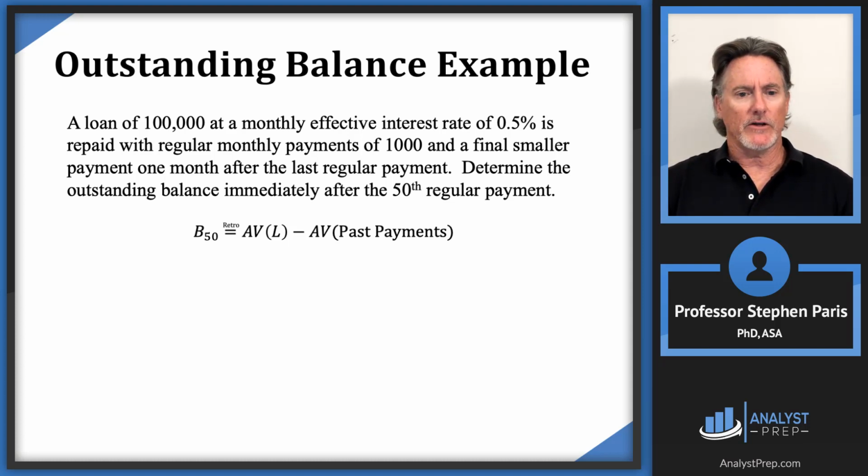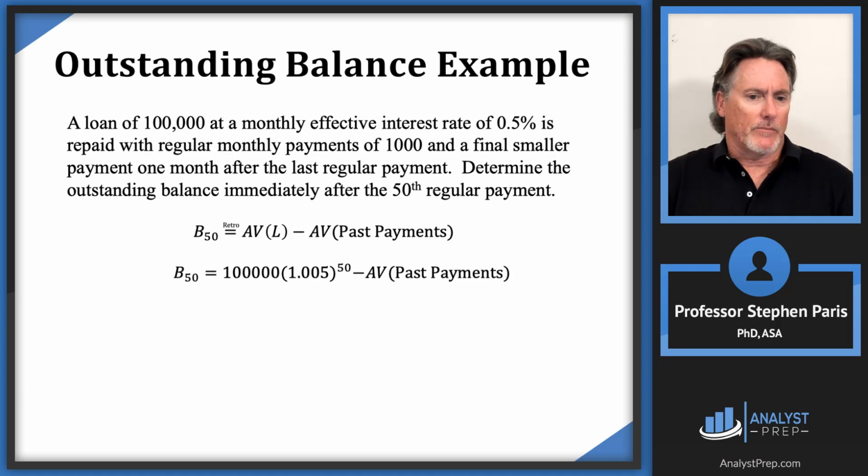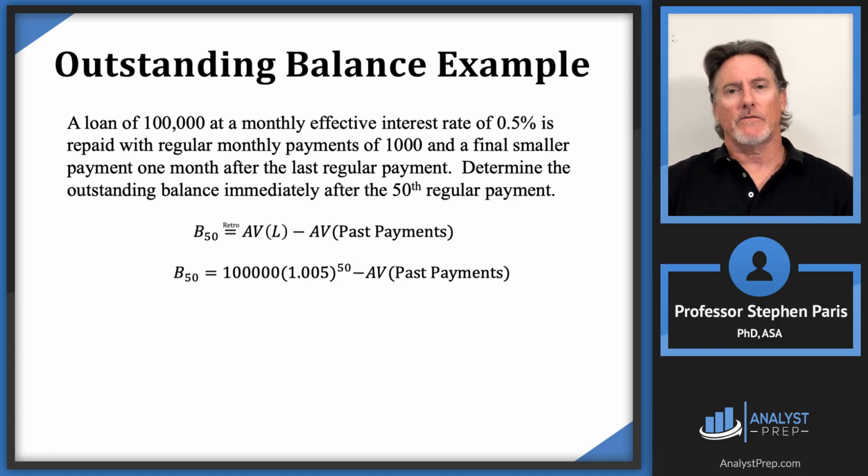The accumulated value of the loan amount is the loan amount accumulated, so that would be 100,000 times 1.005 to the 50th power. Now I need to subtract off the accumulated value of the past payments. The past payments were all level, all 1,000.